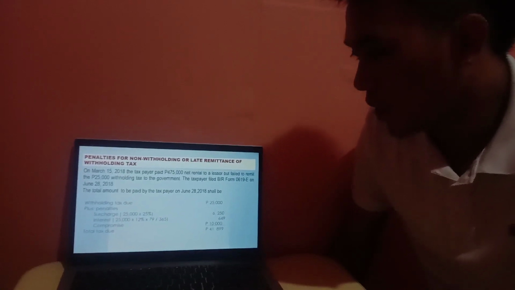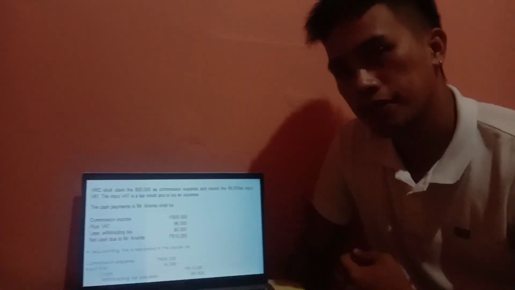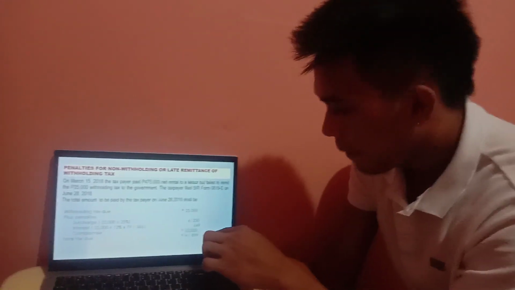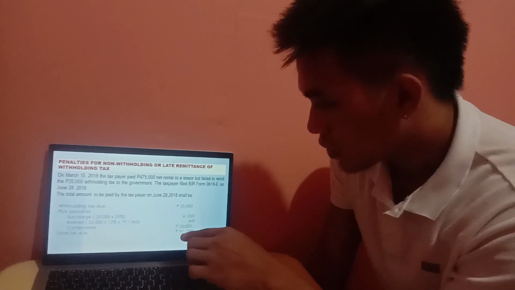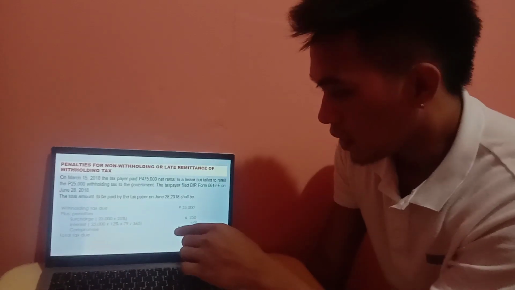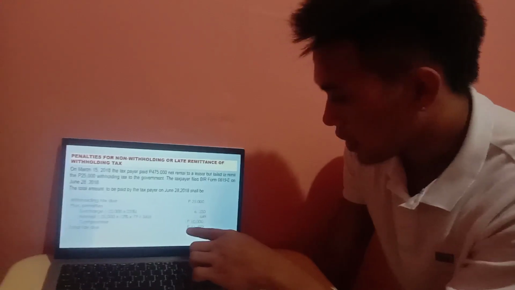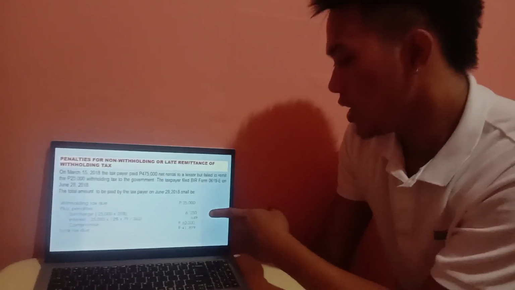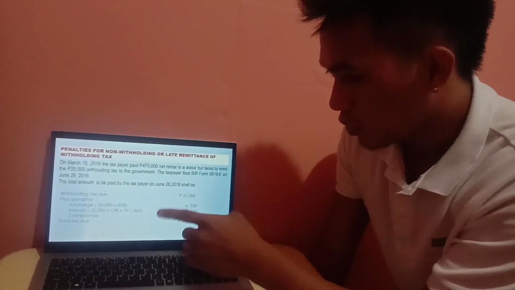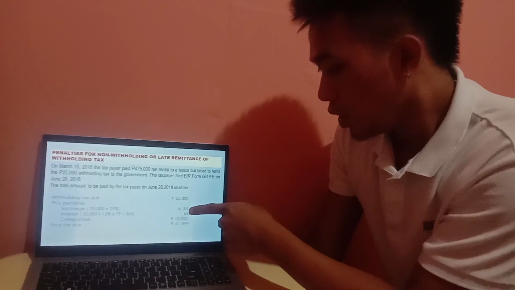The total amount to be paid by the taxpayer on June 28, 2018 shall be: withholding tax due 25,000, plus penalties: surcharge 25,000 times 25%, which is 6,250; interest 25,000 times 12% times 79 divided by 365, which is 649; compromise 10,000. The total tax due is 41,899. We add everything and the result is 41,899.